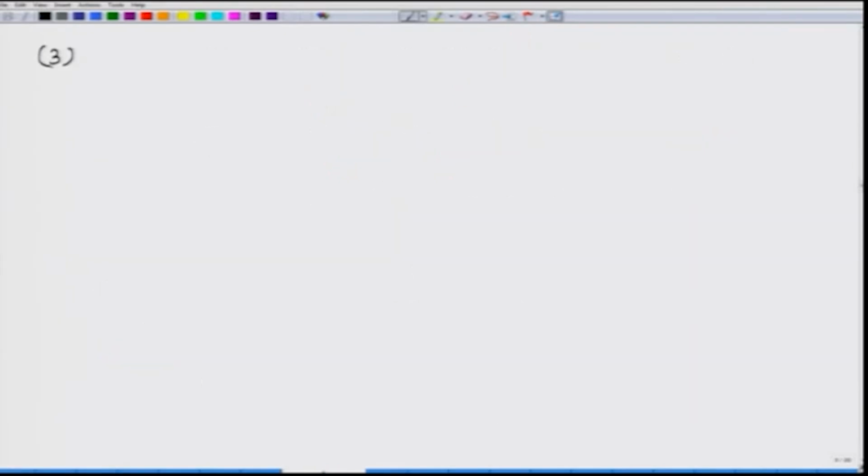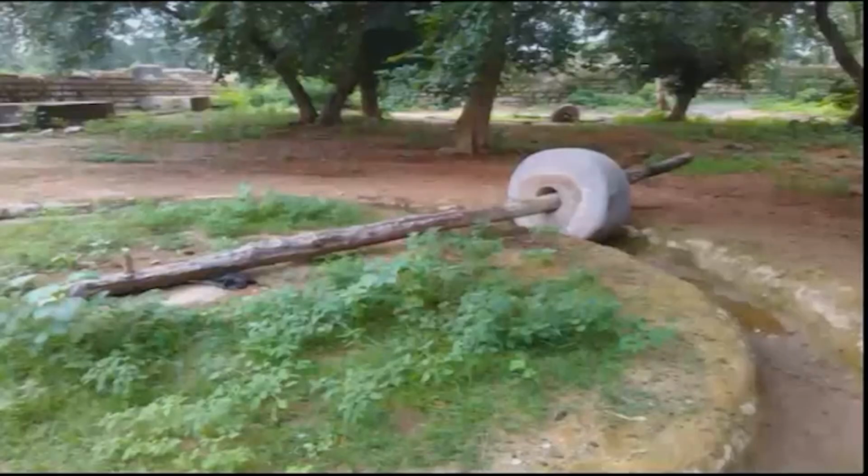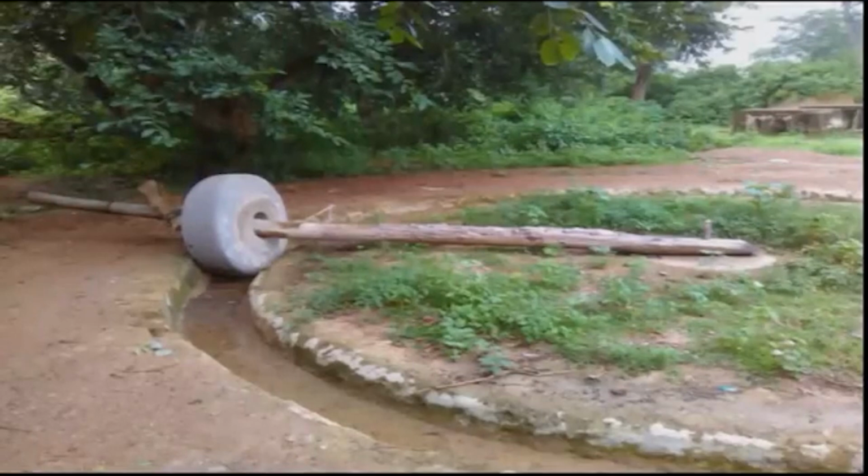For the third problem, I first want to show you a picture. This is the picture of a mill taken at a place called Orchha in Madhya Pradesh, and what it does is it is used to mix and press upon the materials to make that mixture which is used to repair the palace out there. The mixture consists of mud and some dal and cement and things like those.